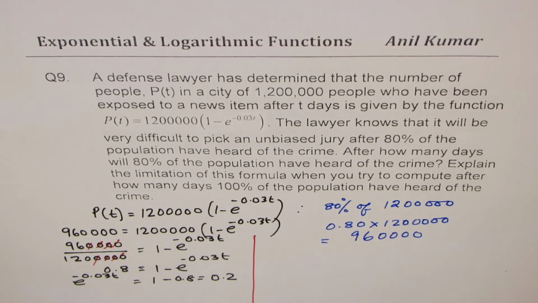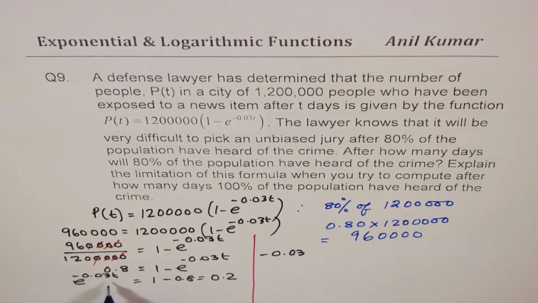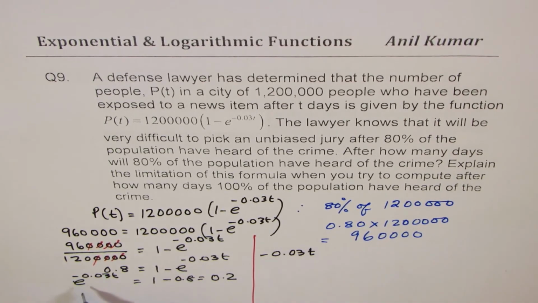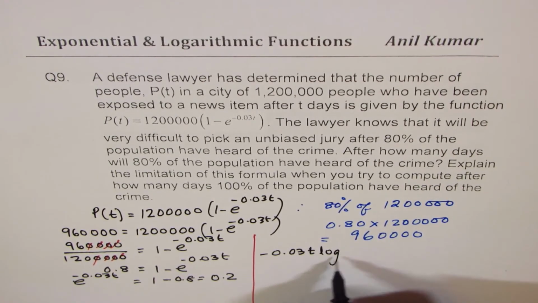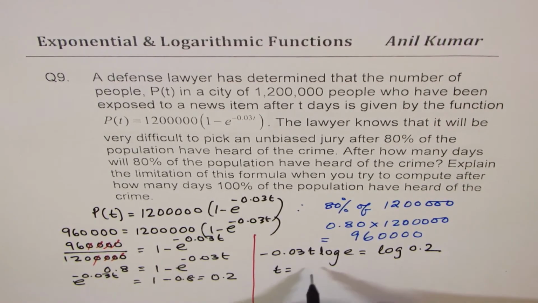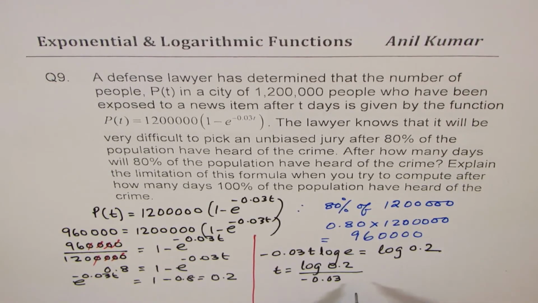So we get minus 0.03t times log of e equals log of 0.2. You could take natural log also, that will straight away give you the answer, because natural log is better actually. So t equals log of 0.2 divided by minus 0.03 log e.